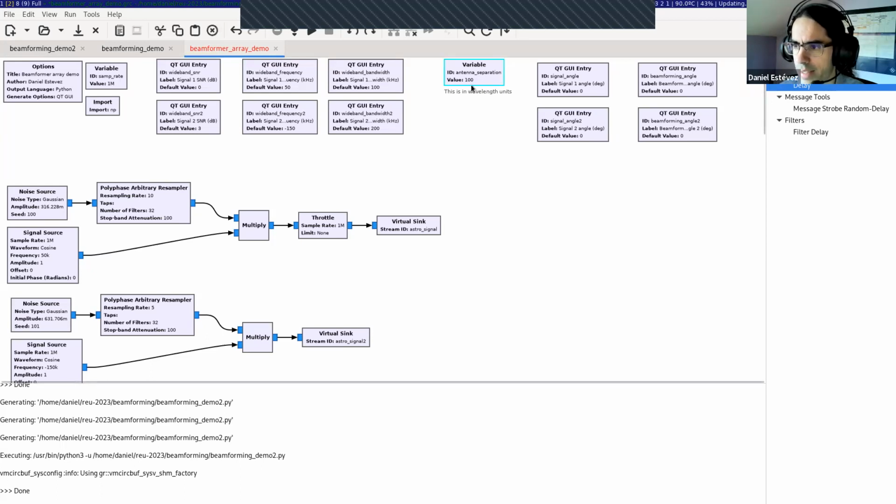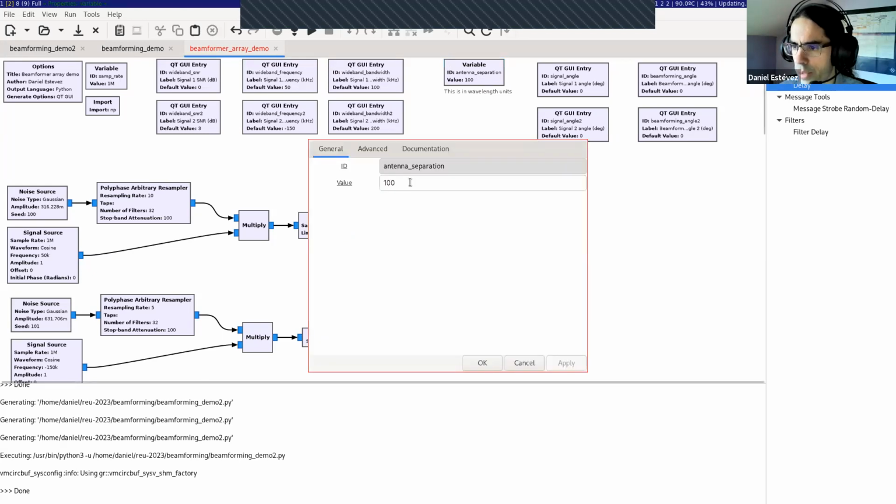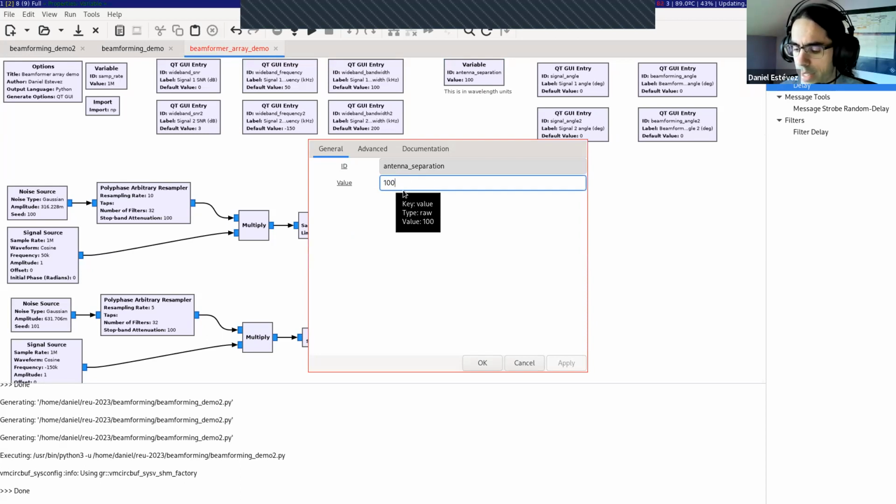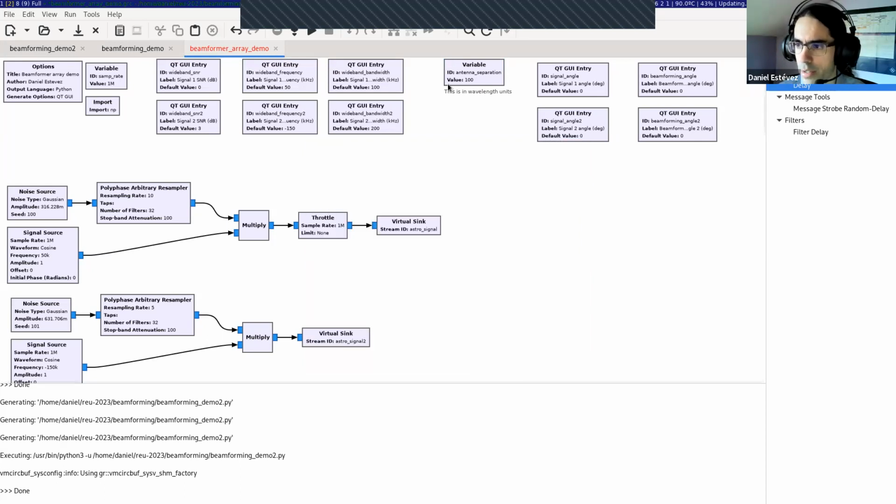So for example, at 10 gigahertz, the wavelength is 3 centimeters. So then 100 wavelengths would be 3 meters. And it's not usual that the antennas are 3 meters apart. Usually they would be further away. So for 10 gigahertz, we would have more wavelengths here. So this is where the observing frequency enters the picture.